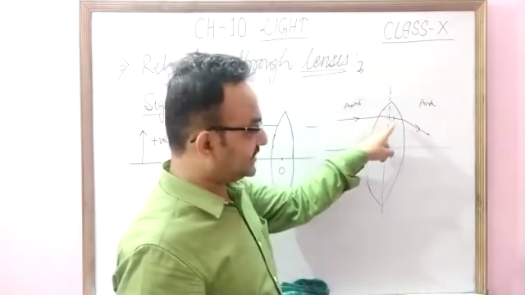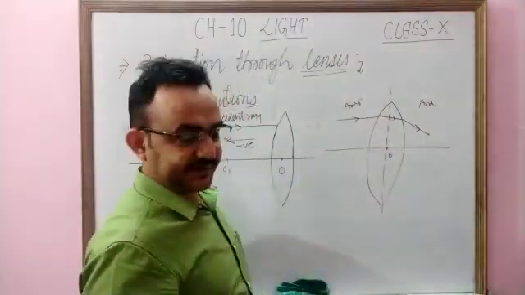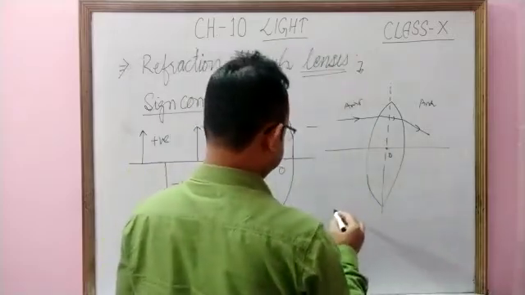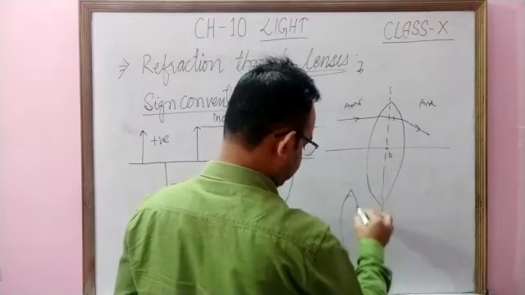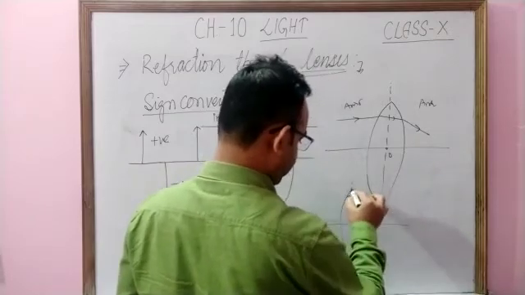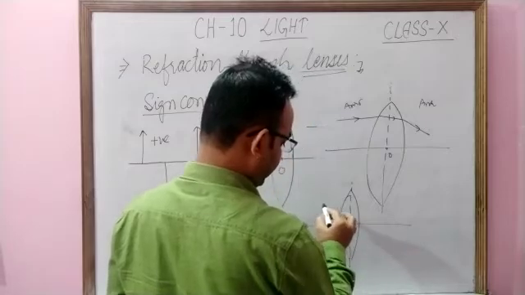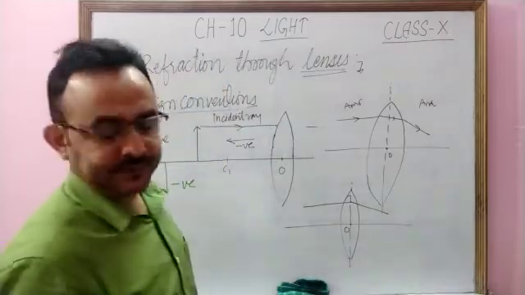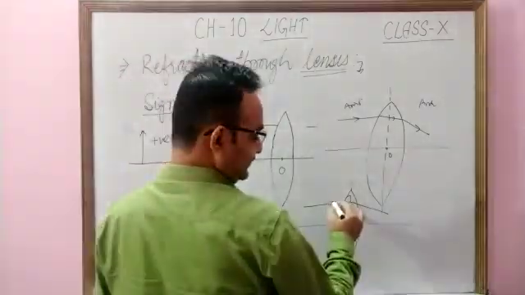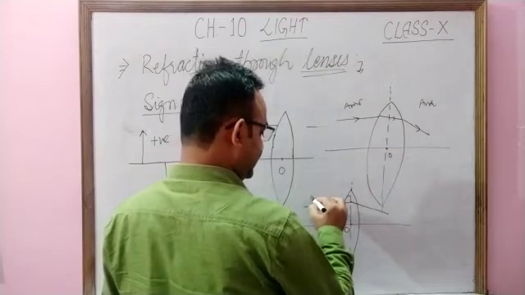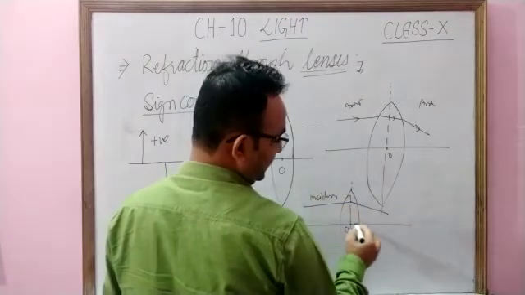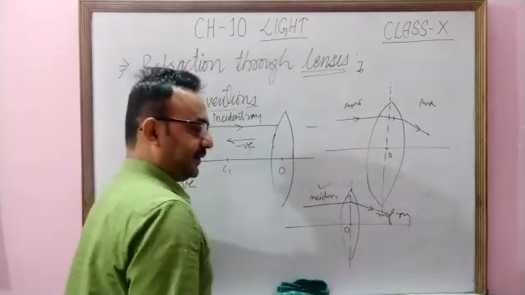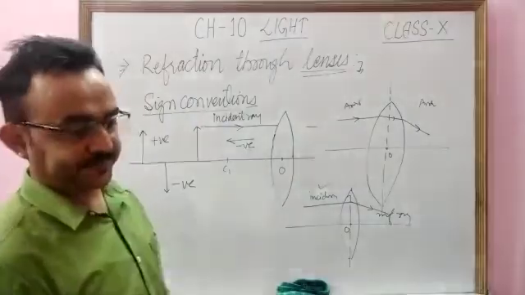Two times refraction is occurring here, but we generally draw like this. Clear? This one is incident ray and this one is refracted ray. So you have to keep in mind. Okay?